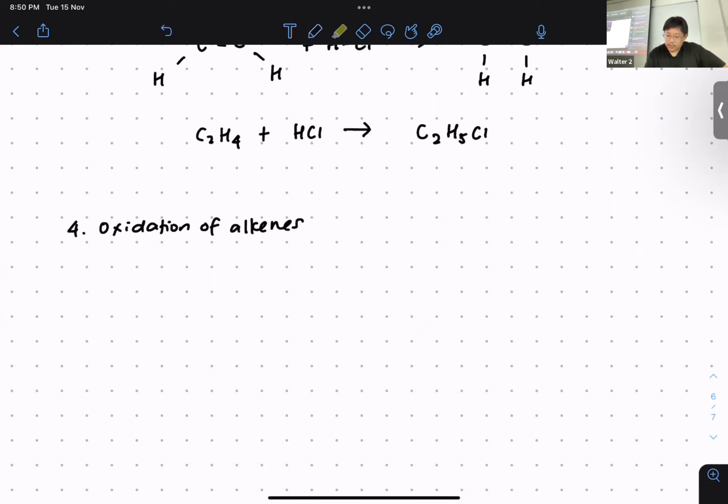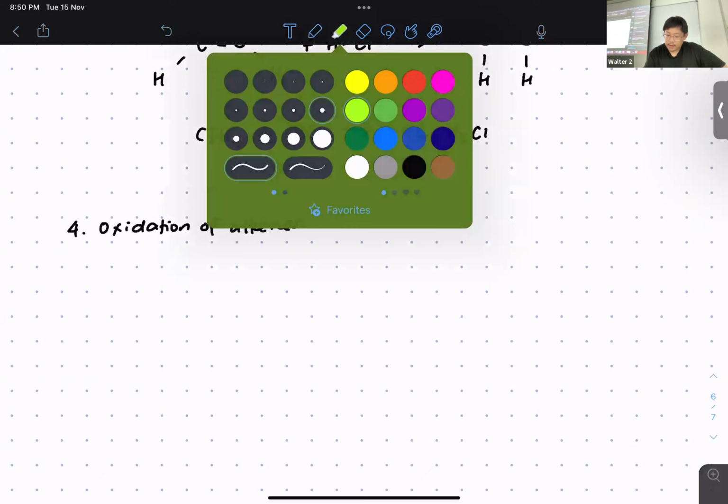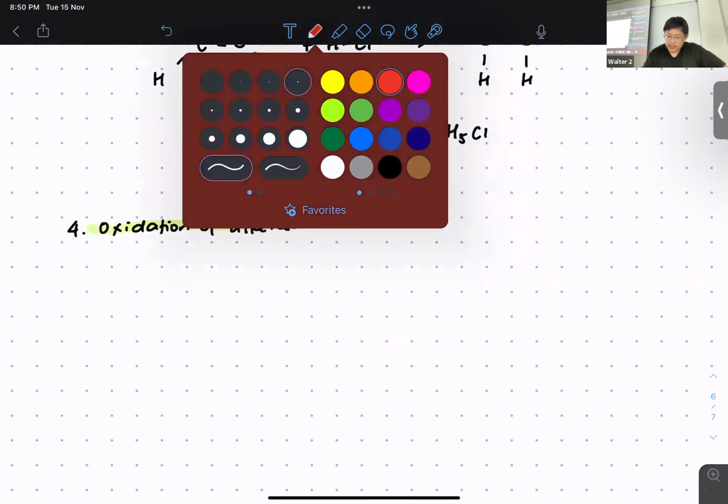For the oxidation reaction, you will need a very strong oxidizing agent.